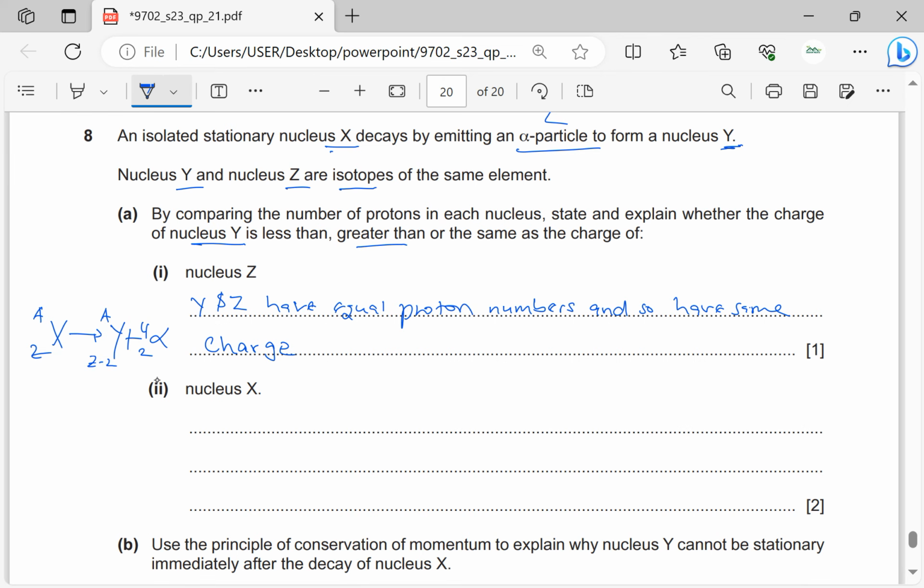So Y has 2 fewer protons than X. So Y has less charge than X.